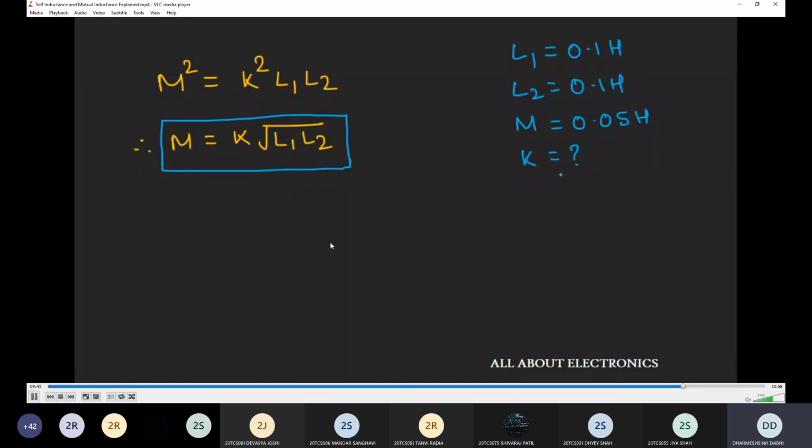Now let us take a simple example and find the value of this coefficient of coupling K. Here we have given the values of L1, L2 and M, and we need to find the coefficient of coupling.